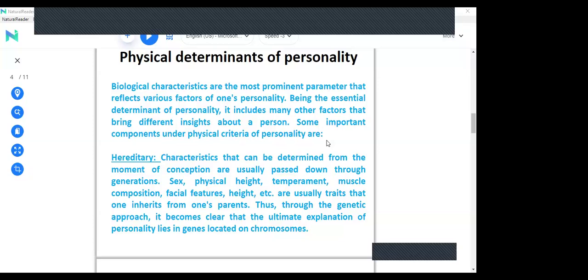Automatically, that person, unconsciously, has behavior change, personality change. He or she doesn't know these unconscious changes. Sometimes hormone changes, sometimes thinking patterns or style changes, because of the physical problem.